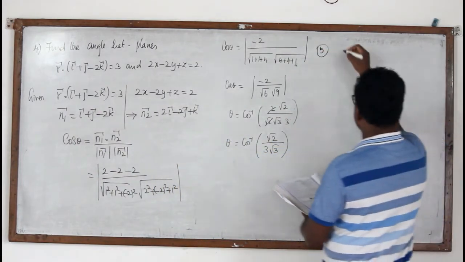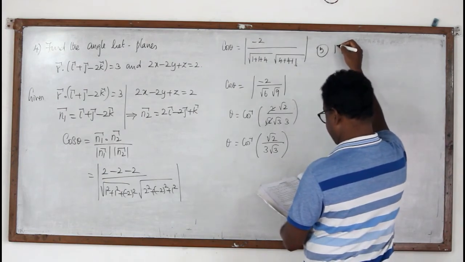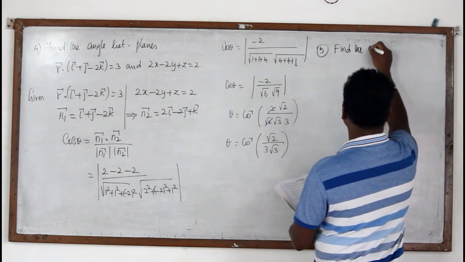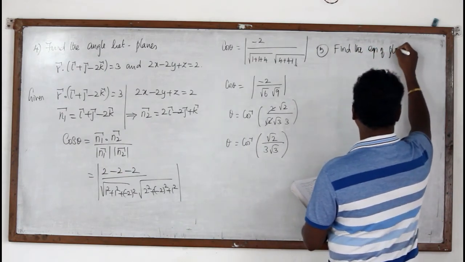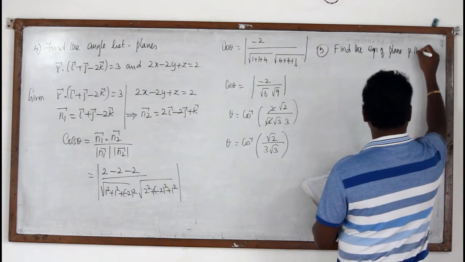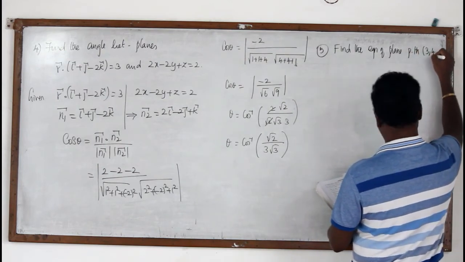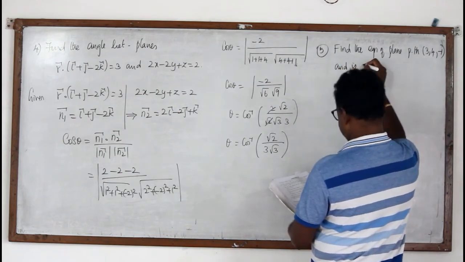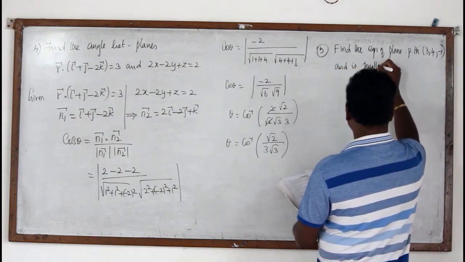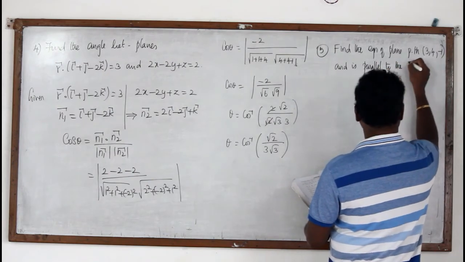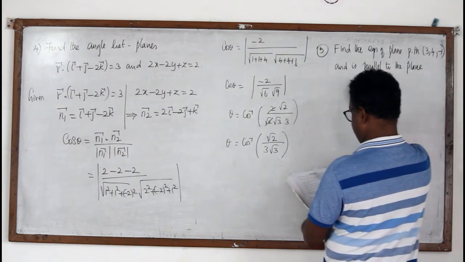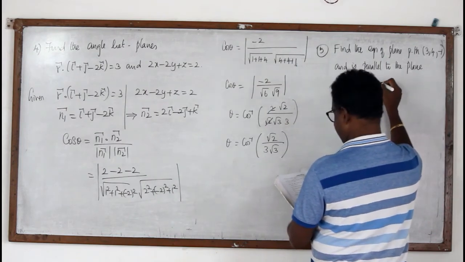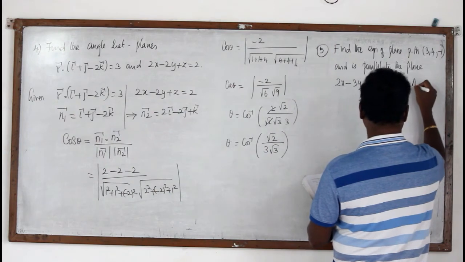Find the equation of the plane passing through 3, 4, minus 1 and is parallel to the plane 2x minus 3y plus 5z plus 7 equal to 0.